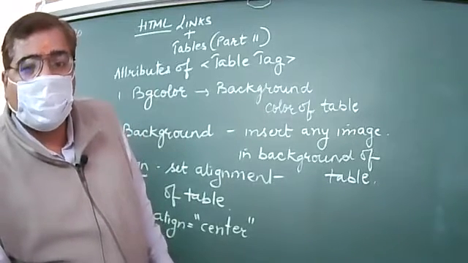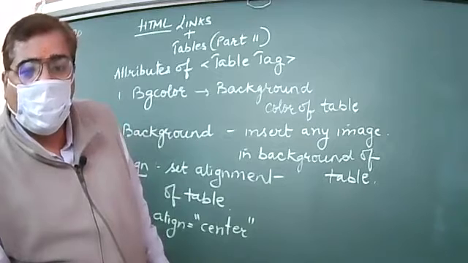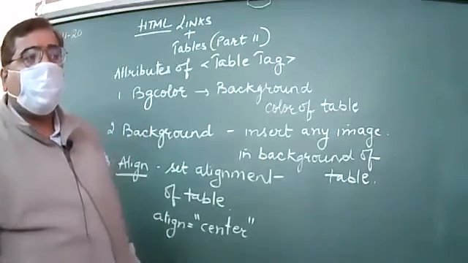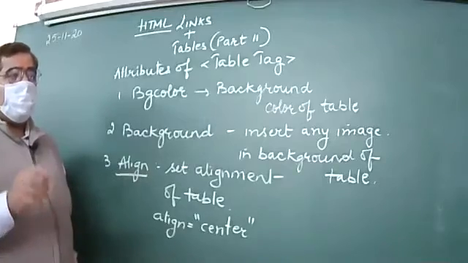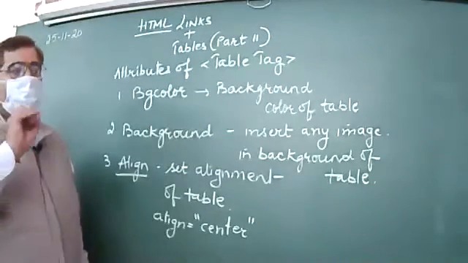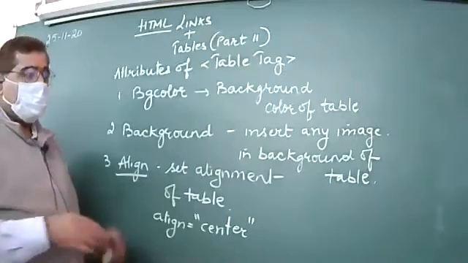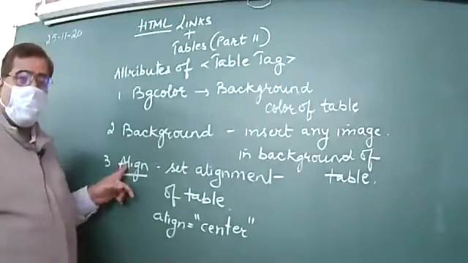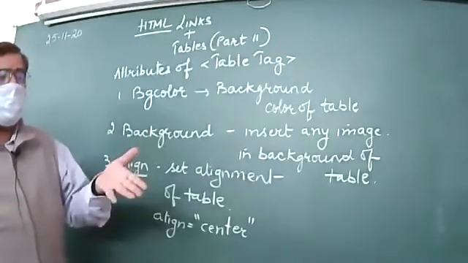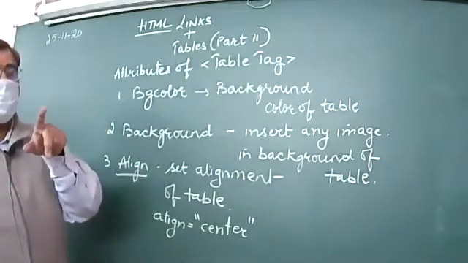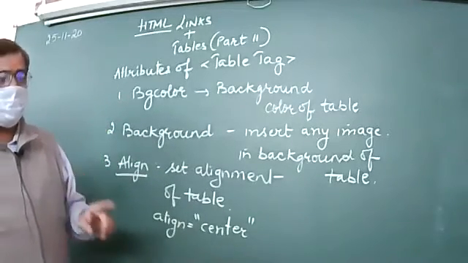If you want to set the data inside the table, you have to use align attribute individually, either in TD tag or collectively inside the TR tag. Clear? So align attribute of table tag behaves in a different way than align attribute of TR, TD or TH. Am I clear?